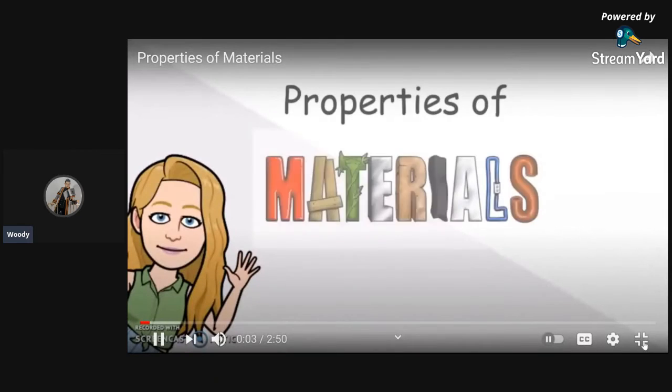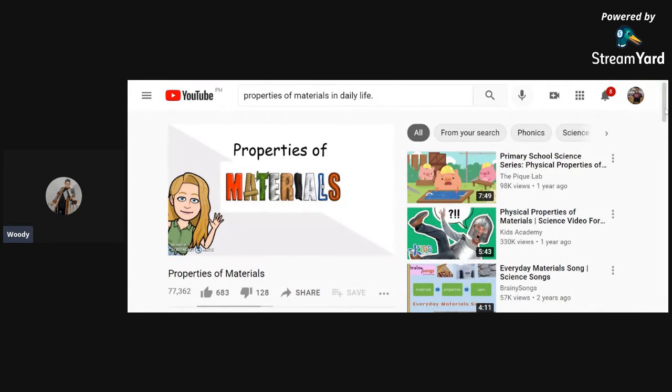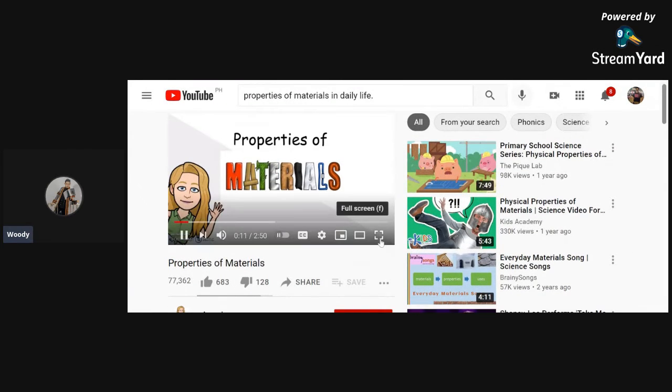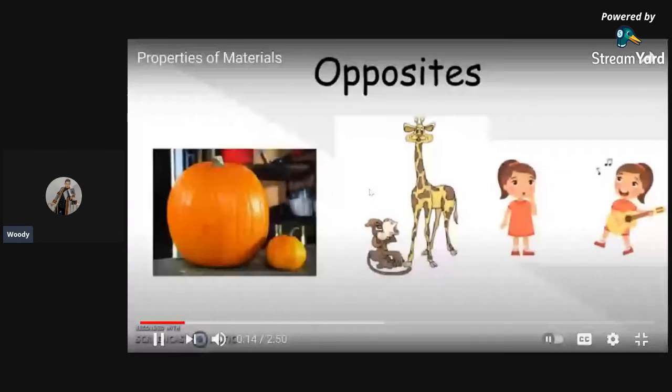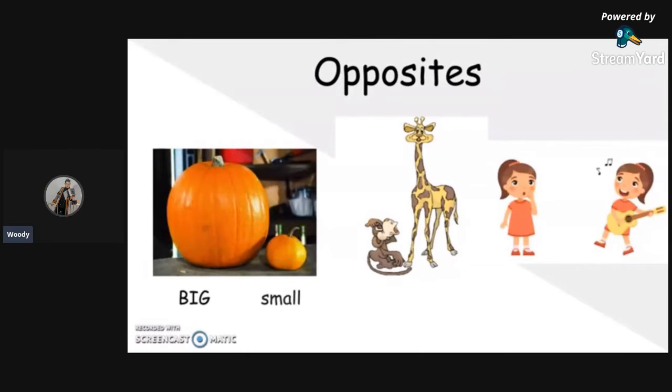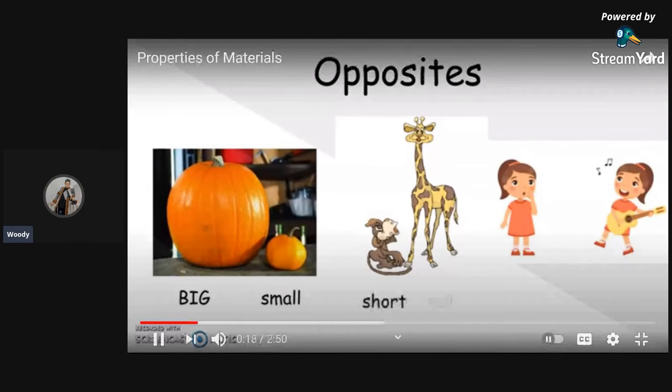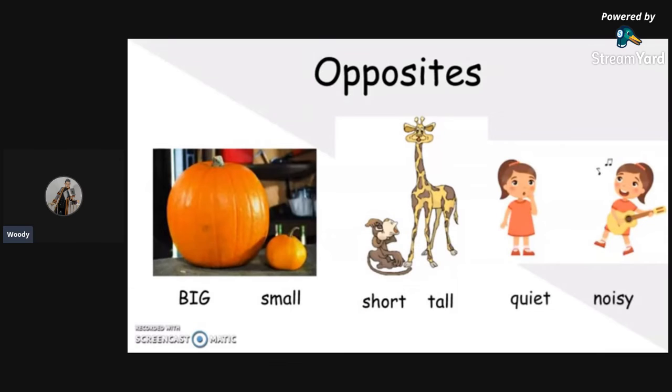Hi there. Let's talk about Here it the is. properties of materials. These are words that help us to describe different things. But first, we need to talk about opposites. Opposites are like big and small, short and tall, quiet and noisy.